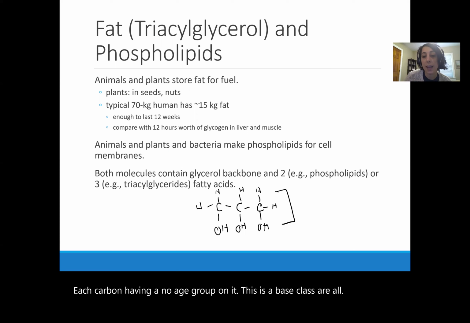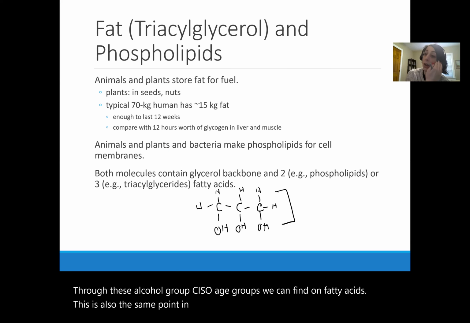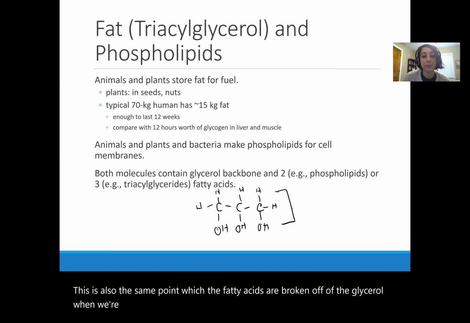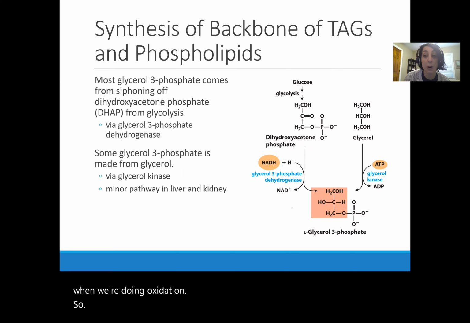And you can see that through these alcohol groups, these OH groups, we can bind on fatty acids. This is also the same point at which the fatty acids are broken off of the glycerol when we're doing oxidation. So if glycerol is needed to make triacylglycerols or phospholipids, it has to be synthesized.